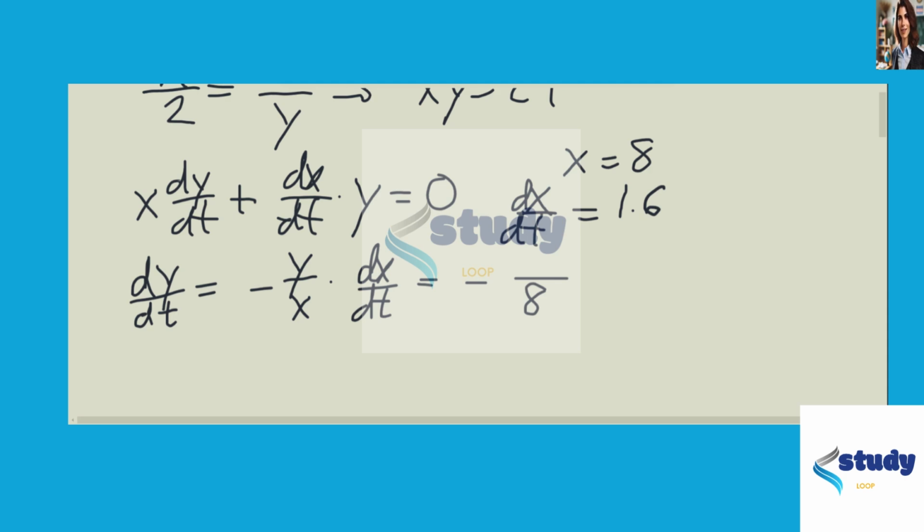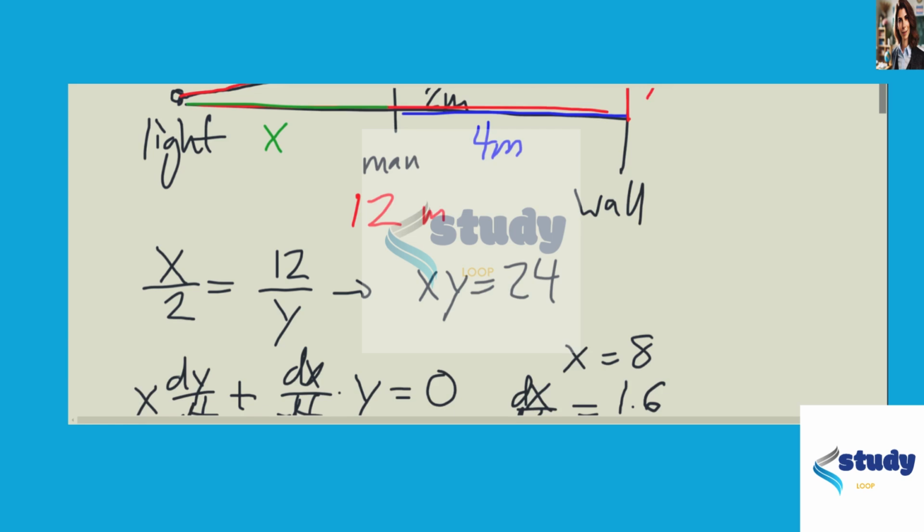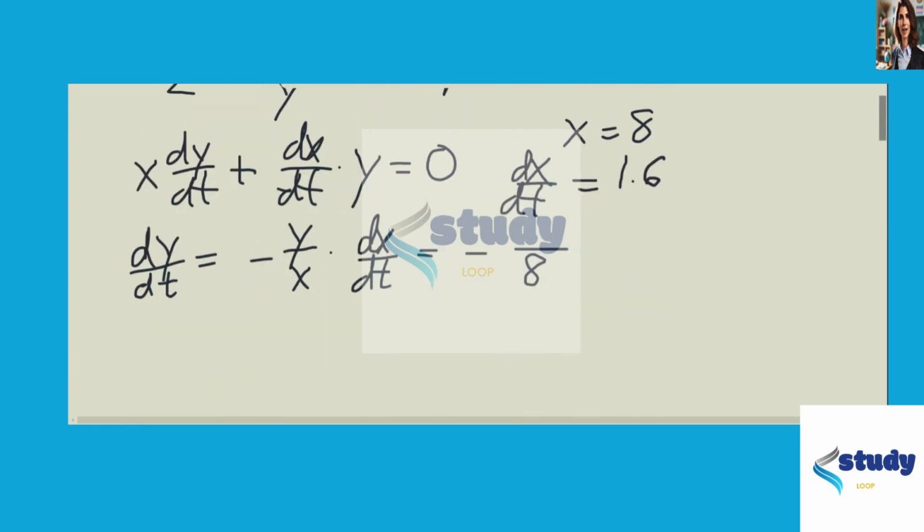Now we want to find y, but we can use our original equation again for similar triangles. So if x equals 8, then y is equal to 24 over 8, or 3.